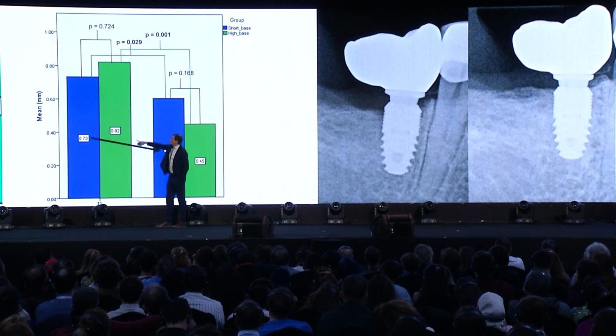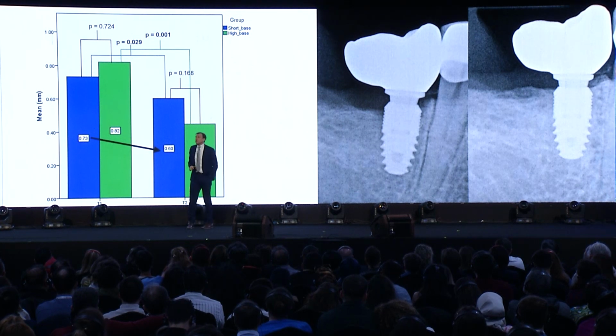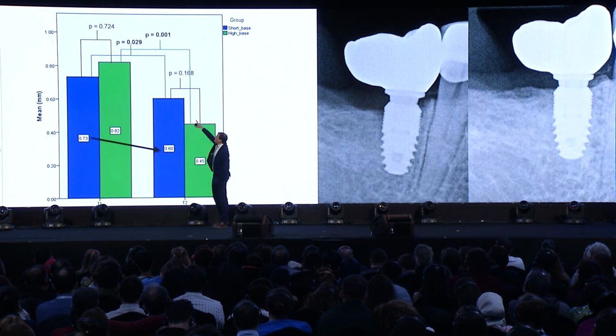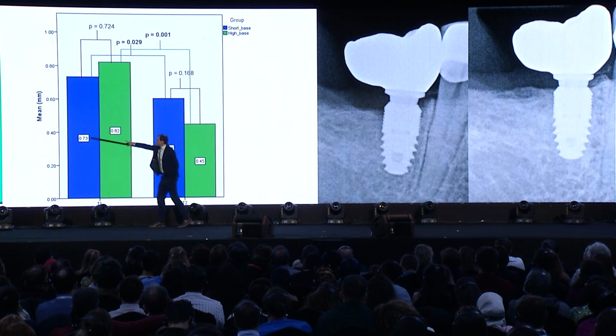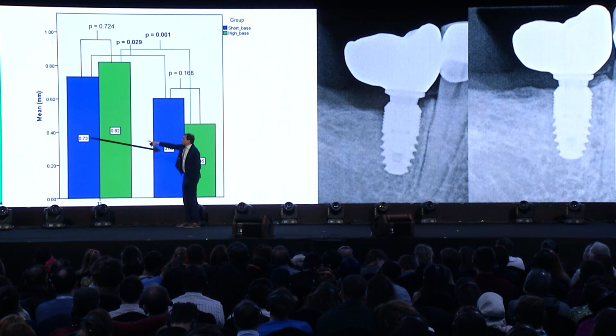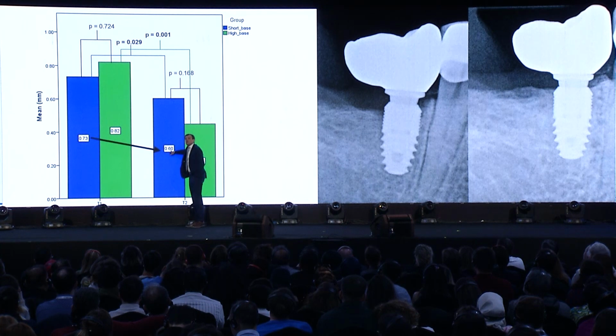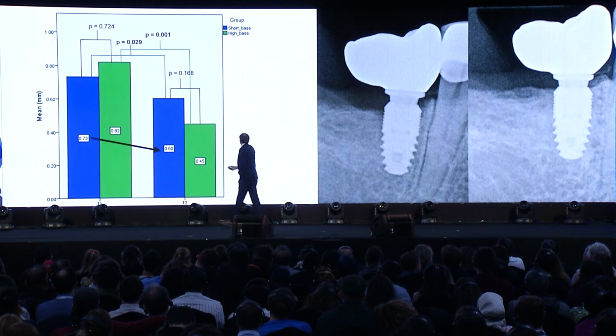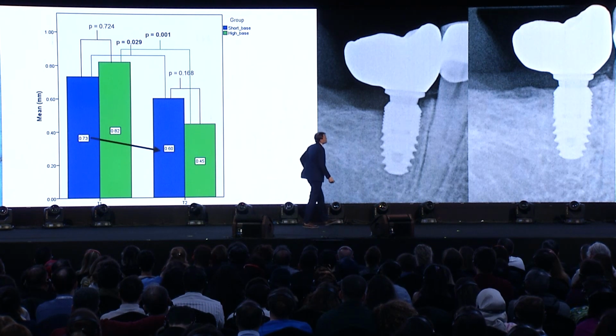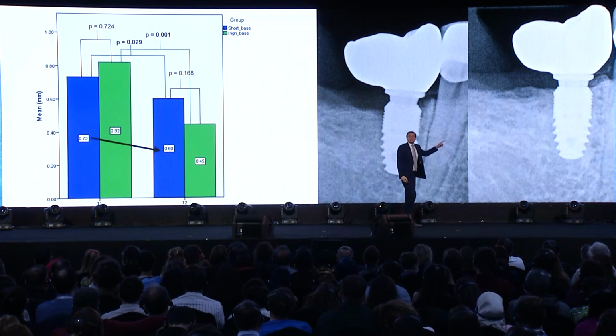After delivery, T1, again, there was no difference between high and low tie bases. And after 1 year follow-up, you see from 0.73 it was reduced to 0.6. This is really what happened. So this study not only tells that tie base height, if the implant is placed at the level of the bone, is really not important.